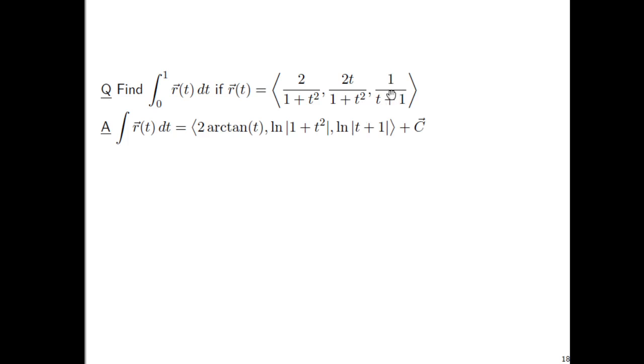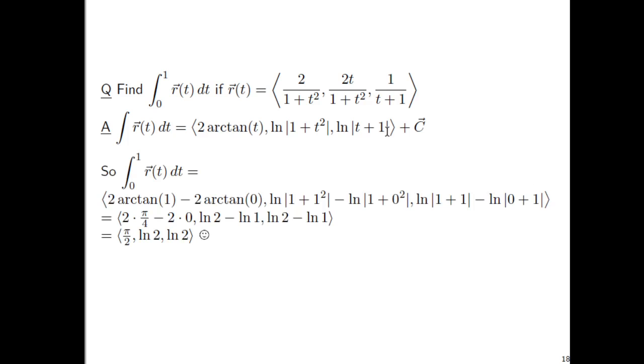And in the same vein, antidifferentiating 1 over t plus 1 should also be a u substitution where u is equal to t plus 1. Okay, so then that's the indefinite integral. Oh yeah, don't forget your plus c. It's a c vector though.